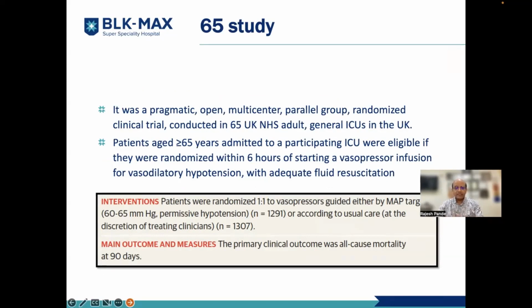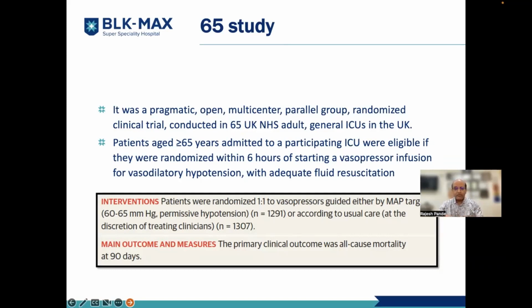And patients who were more than equal to 65 years were admitted to these participating ICUs if they were eligible, and they were randomized within 6 hours of initiating a vasopressor infusion for vasodilatory hypotension with adequate fluid resuscitation to either the MAP target group of 60 to 65 millimeter mercury, which was called permissive hypotension. It had 1291 patients, or according to usual care. That is, it was left to the discretion of the treating physician, almost 1,300 patients.